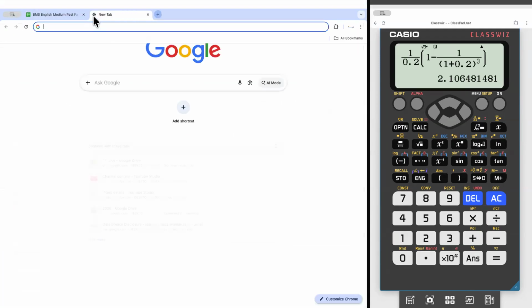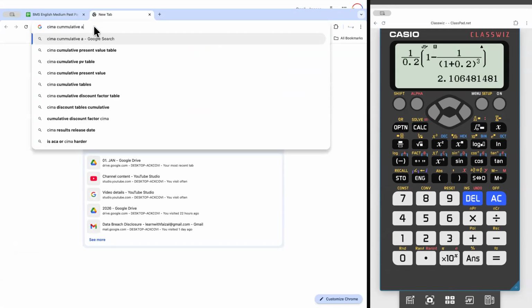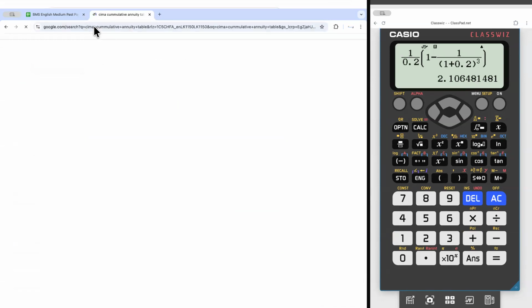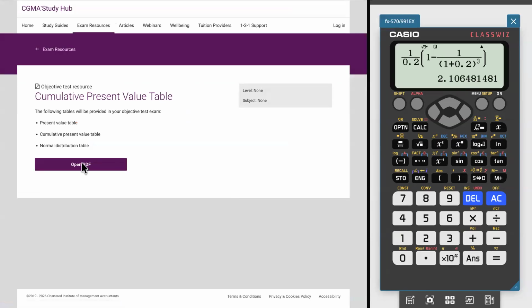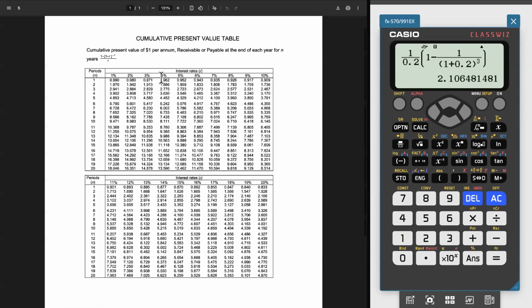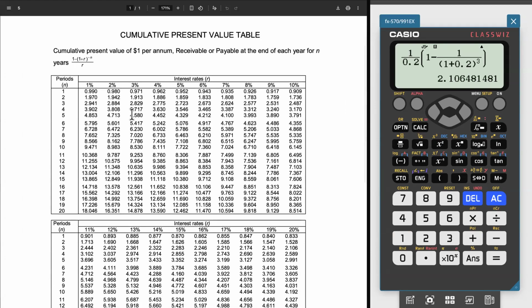Otherwise, what's the other value? I told you, the cumulative annuity table. Normally, I think they will give you this in the examination, right? How to do this?